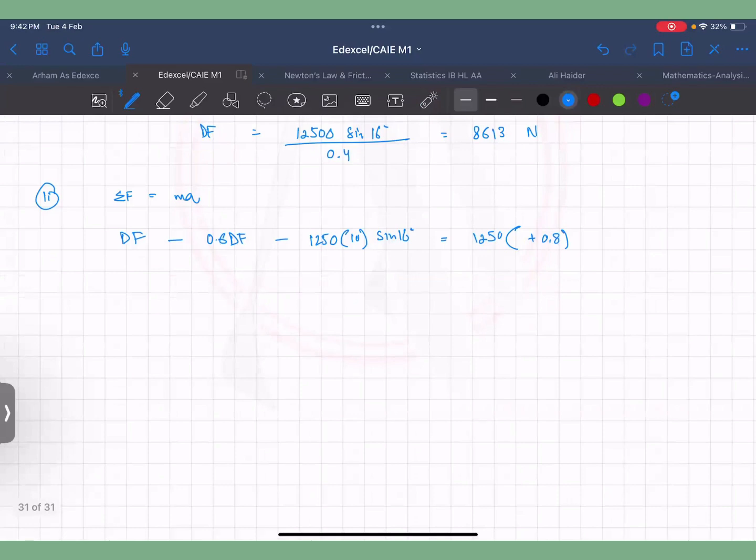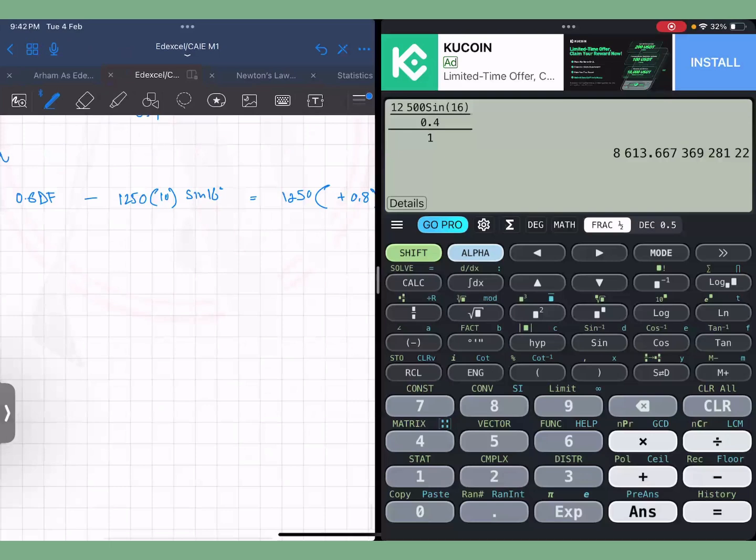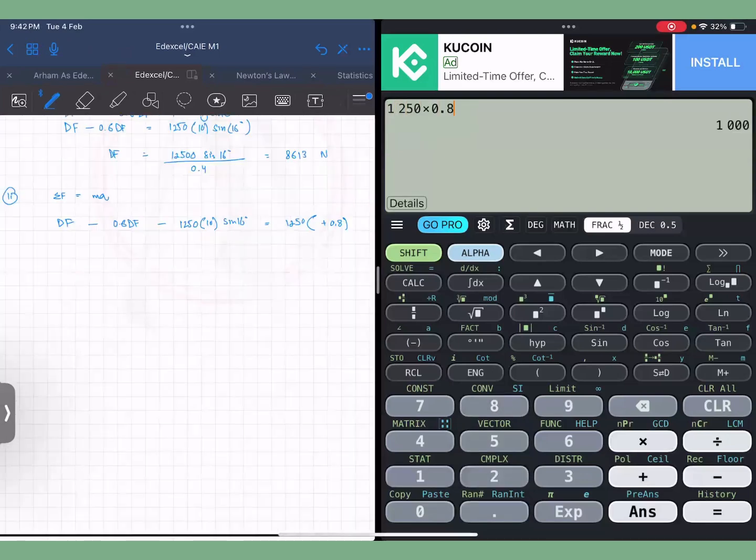And then we just have to use the calculator. So 1250 multiplied by 0.8, plus 1250 times 10 times sine 16. This we are getting 4445.46, and this is 0.4 df.